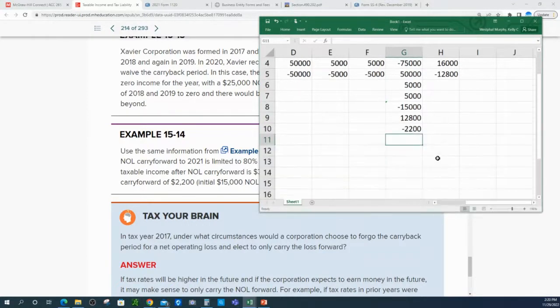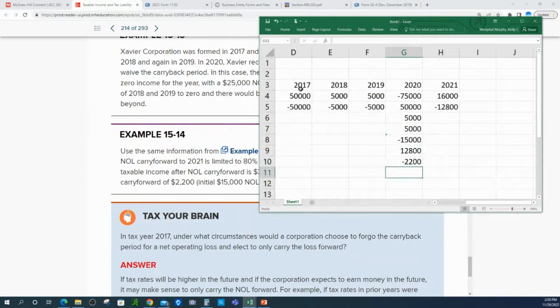So this is what we've got remaining that we can use here in 2022, but it can only absorb up to 80% of our net income.